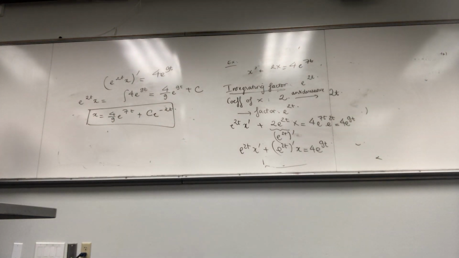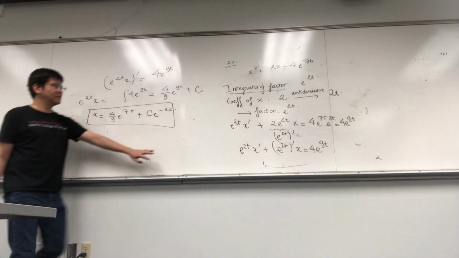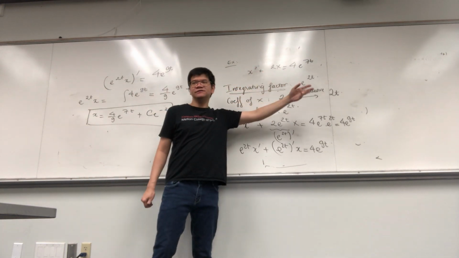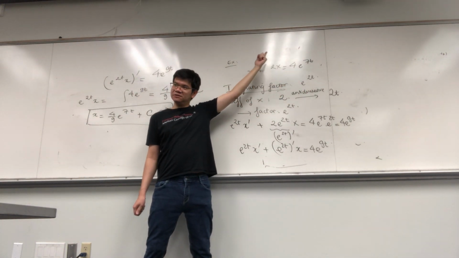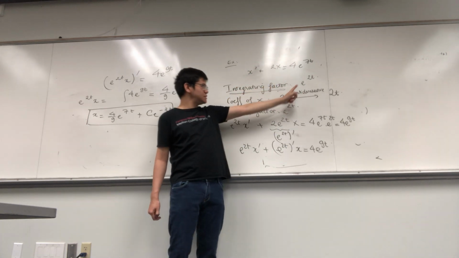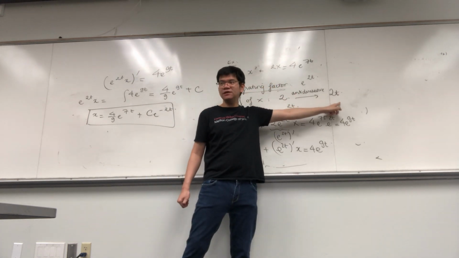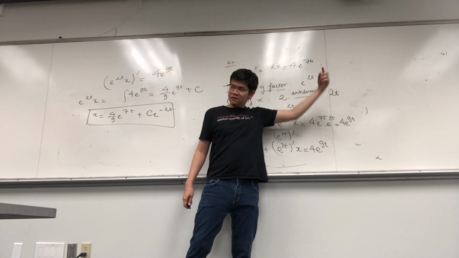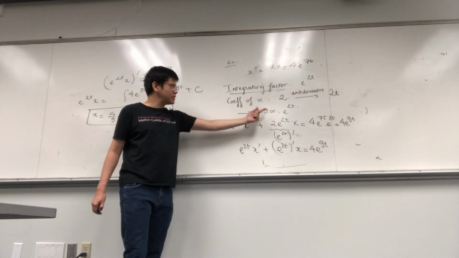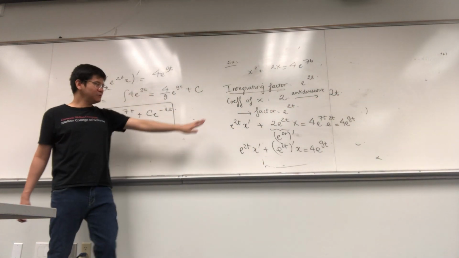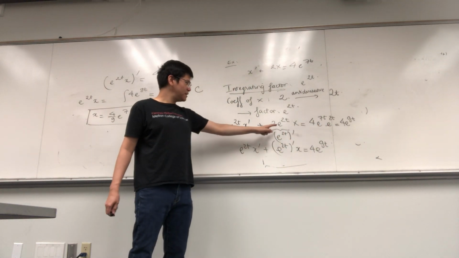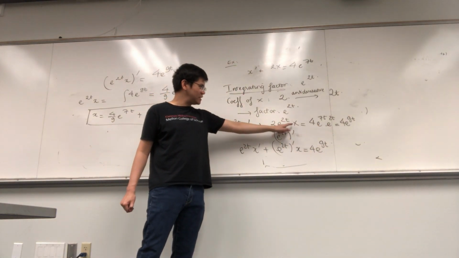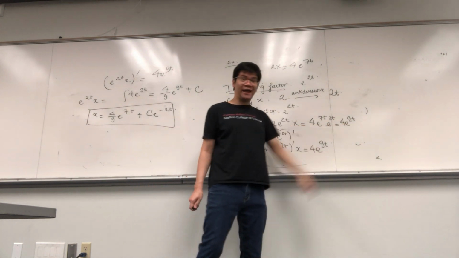All right? So I'll explain again. Okay, the integrating factor is easy. You just have to look at the coefficient of x and take the integral. This is 2, so the integral of that will be 2t. The integrating factor will be exponential of 2t. Now I multiply both sides by this exponential. I have e to the 2t x prime plus 2 times e to the 2t x, and this is equal to 4 e to the 9t.